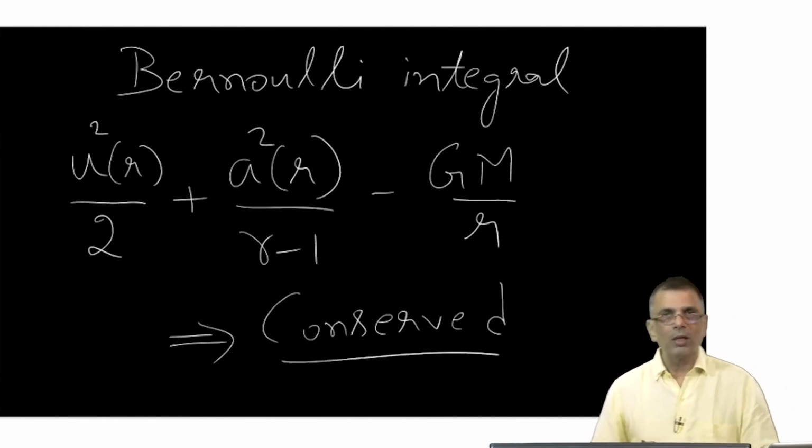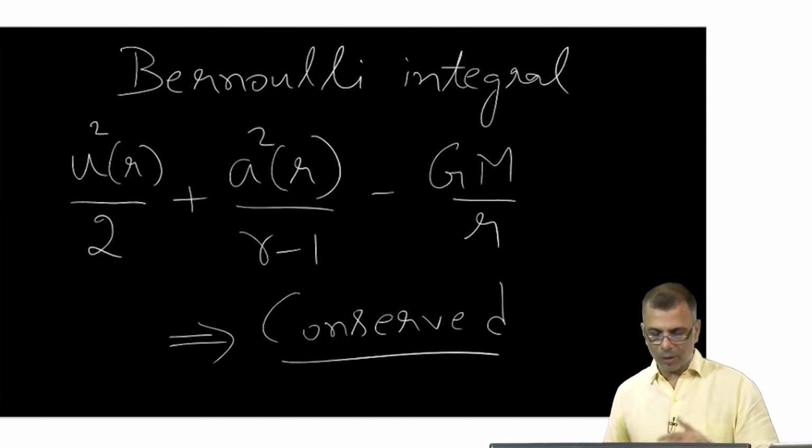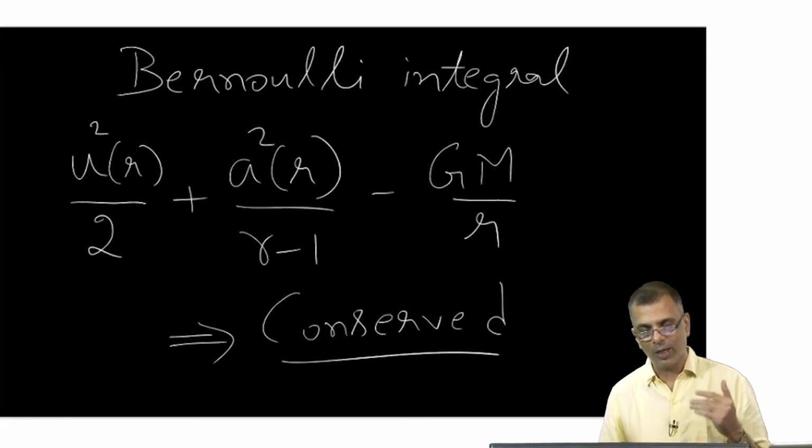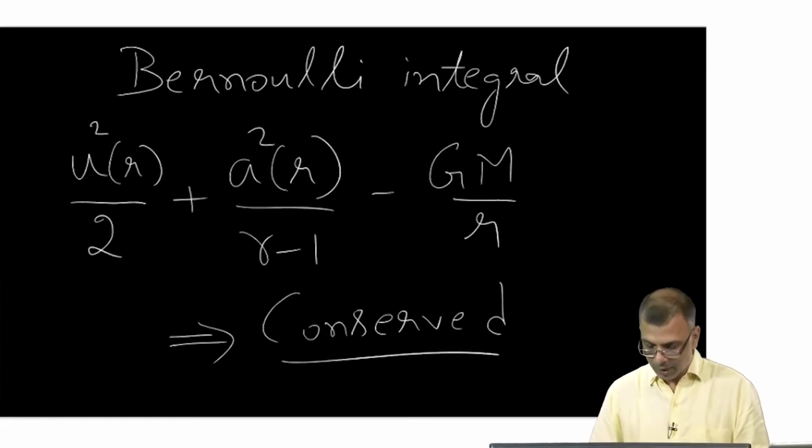Okay. So everything that we've been doing so far by way of the sonic point, how du by dr behaves, and so on and so forth, is all the same. It's just that the emphases are slightly different.